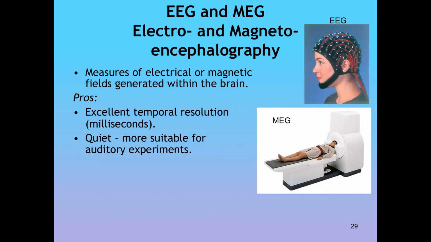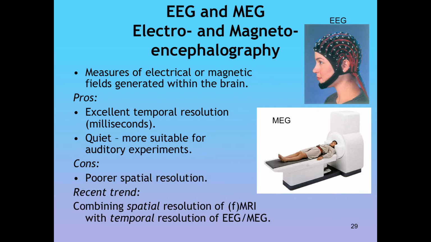So there's some downsides for sure. We have to sacrifice spatial resolution here. It's really bad spatial resolution. We don't know exactly which brain regions are responsible for which like little waveforms that we are measuring. Definitely far worse than fMRI.